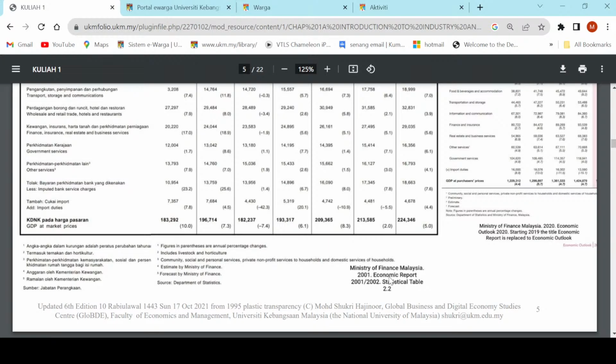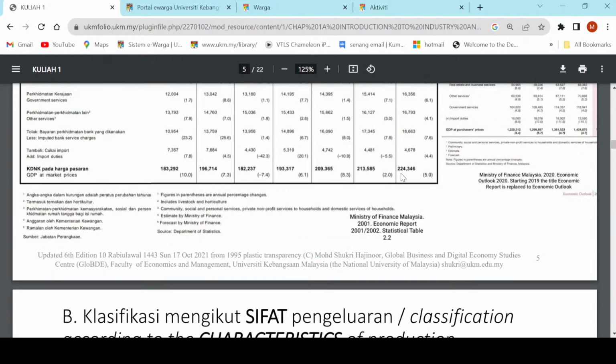Where does it go for consumption? There are two types: public and private consumption. For investment, there are two types also: public investment and private investment, and so on. Meaning that the same amount, 346 million, the same number, where will it go? Or where did it go?